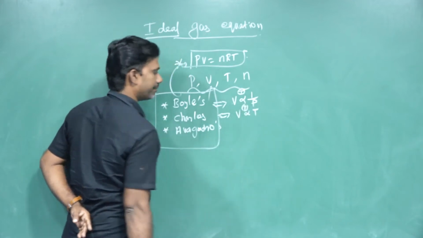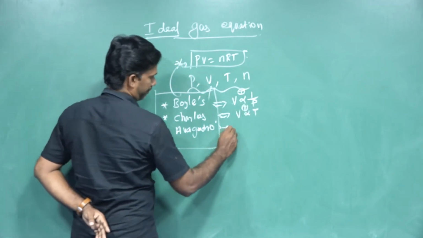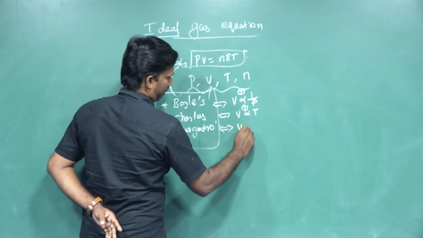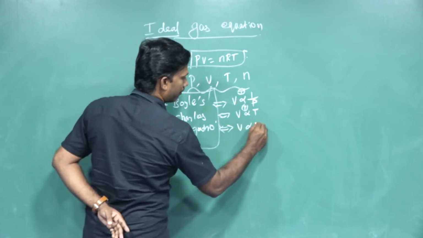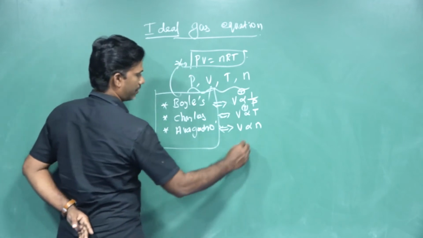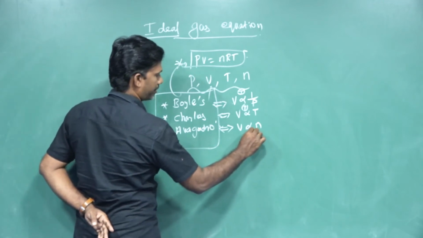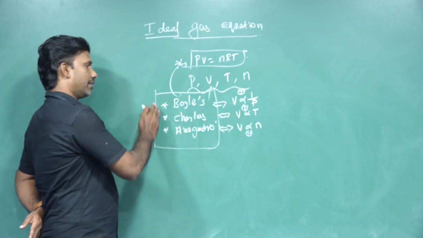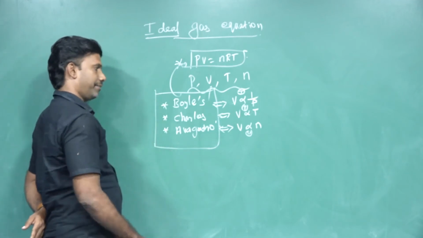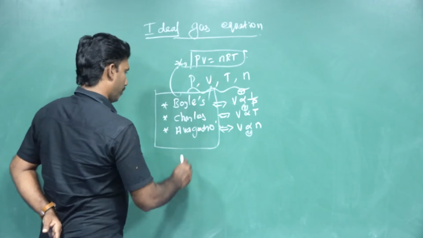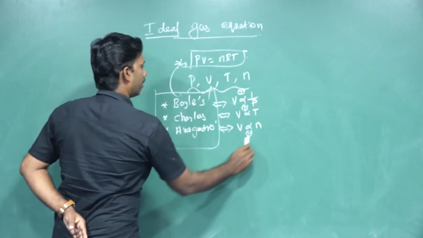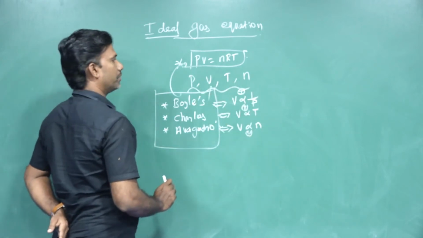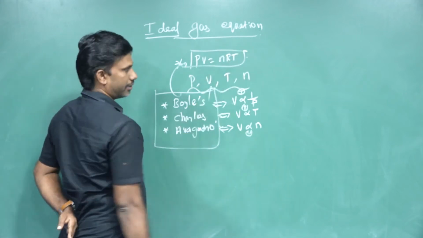Avogadro's law: the volume of a gas is directly proportional to the number of moles n at a constant temperature and pressure. So these are the statements given by Boyle, Charles and Avogadro that we have seen in the last classes.